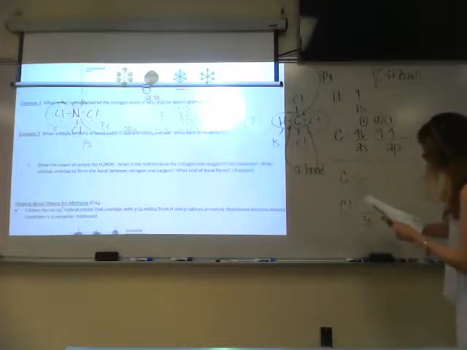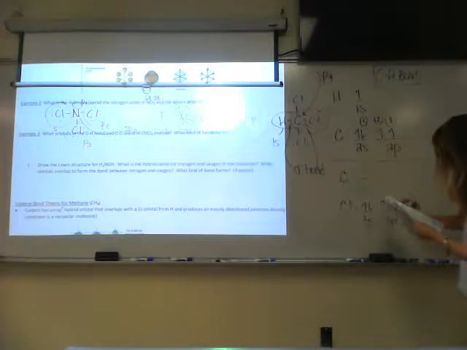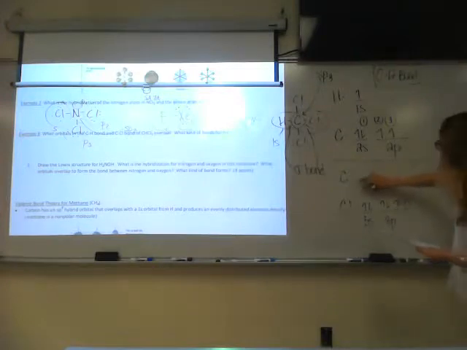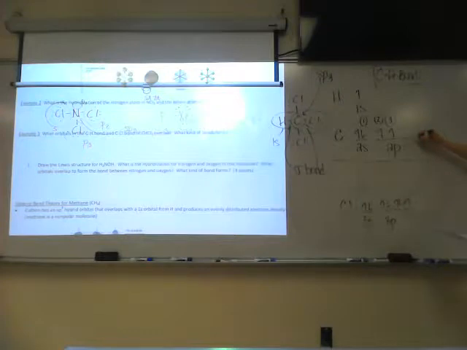So you have this 1, 2, 3, 4, 5. This one electron in the 3p from chlorine is going to overlap, this comes together with this, okay?